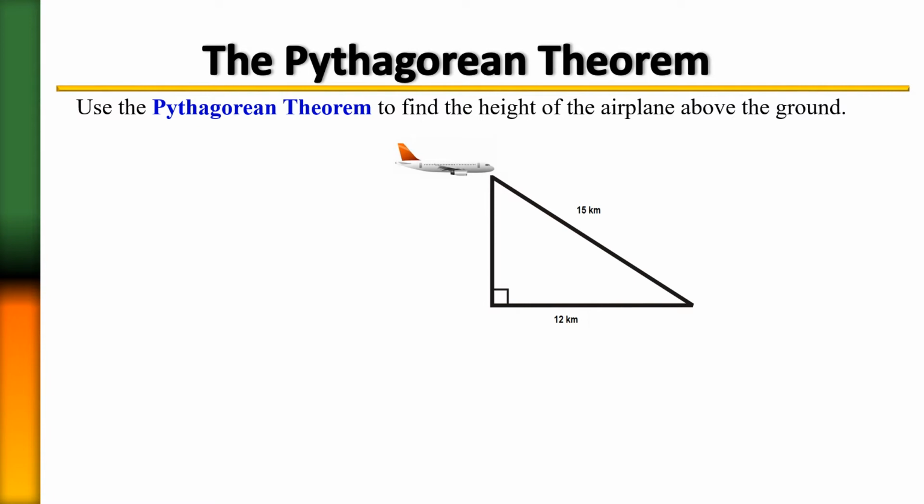So we can proceed with using the Pythagorean theorem to find the missing side. The Pythagorean theorem states that if you know at least two sides of a right triangle, you can find the missing side by using A squared plus B squared equals C squared.